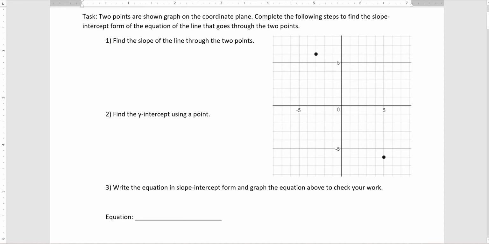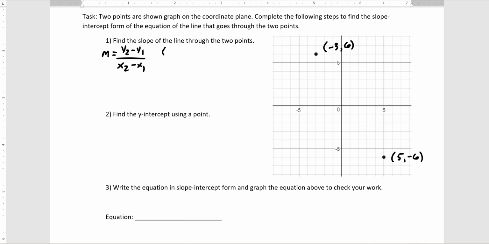All right, let's see how we did. Find the slope of a line through the 2 points. We need to remember that m, our slope, is y2 minus y1 over x2 minus x1. We have the coordinate points (-3, 6) and (5, -6).